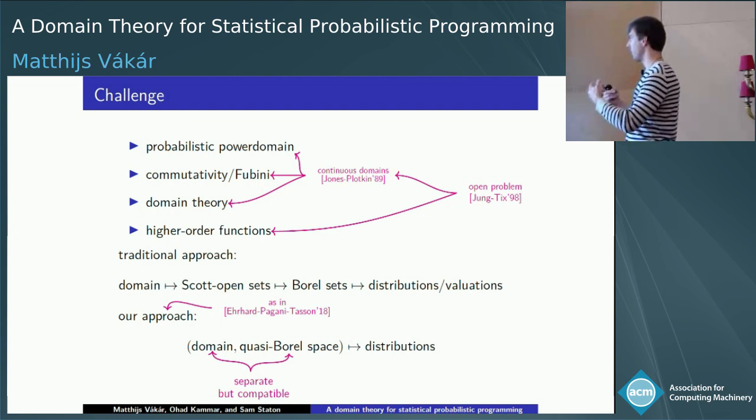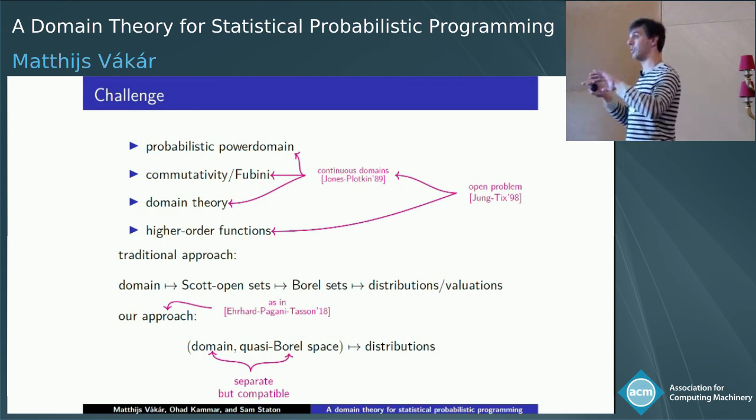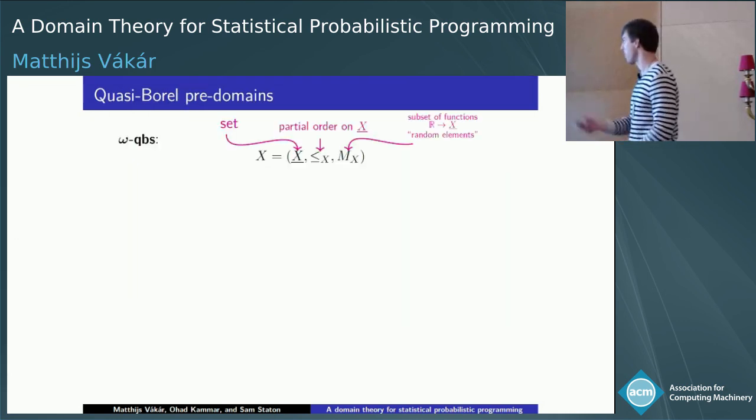So you see that the domain structure and the measure theoretic structure are sort of the same. What's different about our approach, and I think why we avoid some of the difficulties that some of the other approaches faced, is because we keep the domain theoretic structure and the measure theoretic structure separate, but compatible. And specifically, the measure theoretic structure is going to be a quasi-Borel space structure, because we want higher order functions.